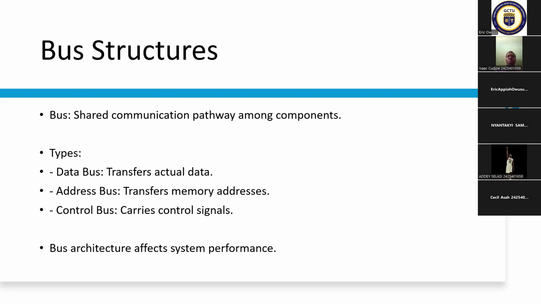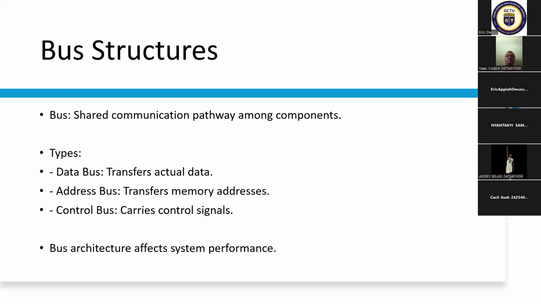The address bus carries the memory addresses that the CPU uses to read or write data. It is unidirectional, from the CPU to memory or I/O. The width of the address bus determines the maximum addressing capacity of the system.